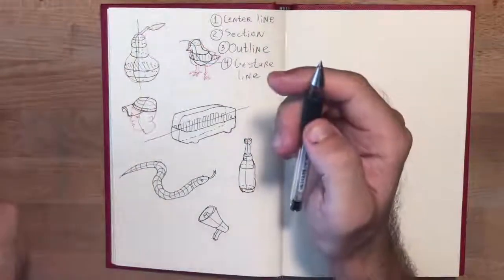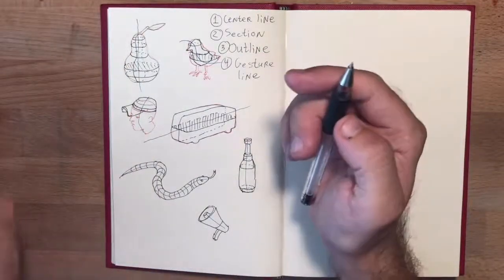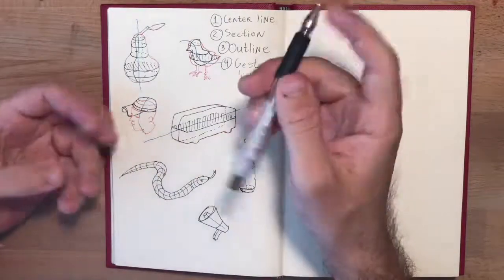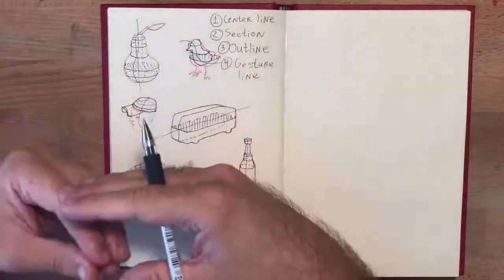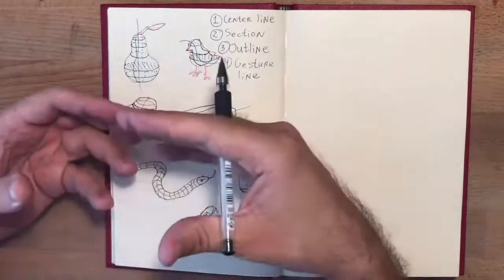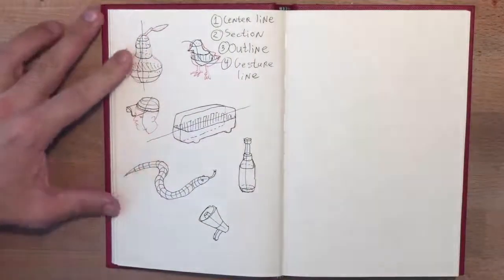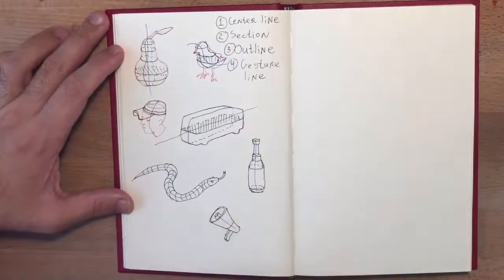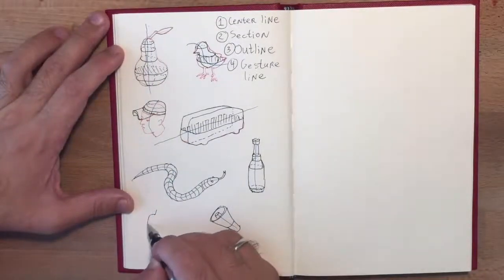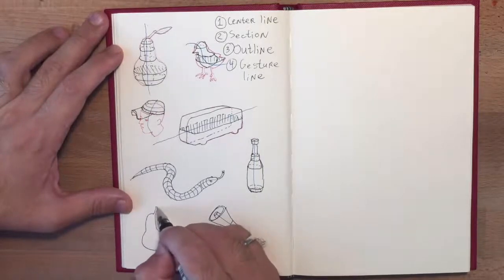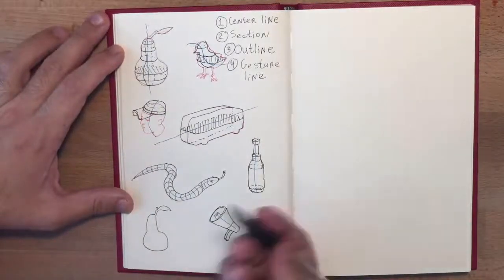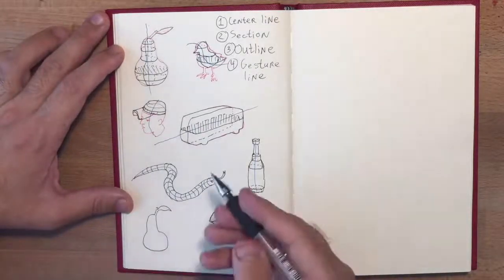They are construction elements, but you can represent them by just making hatching. For example, if I draw a pear, it will be this outline, and then I need to draw some details, right?